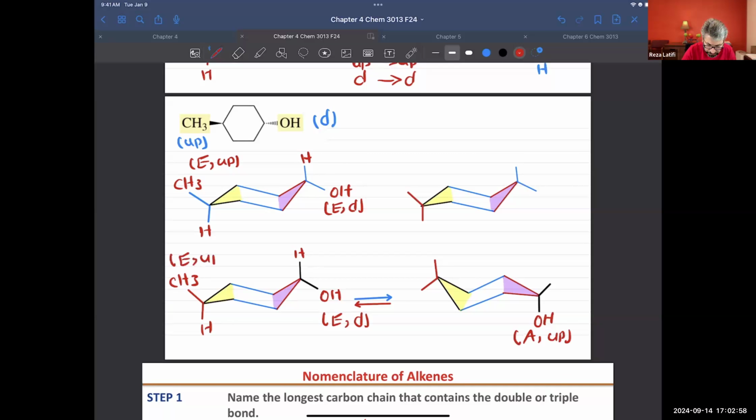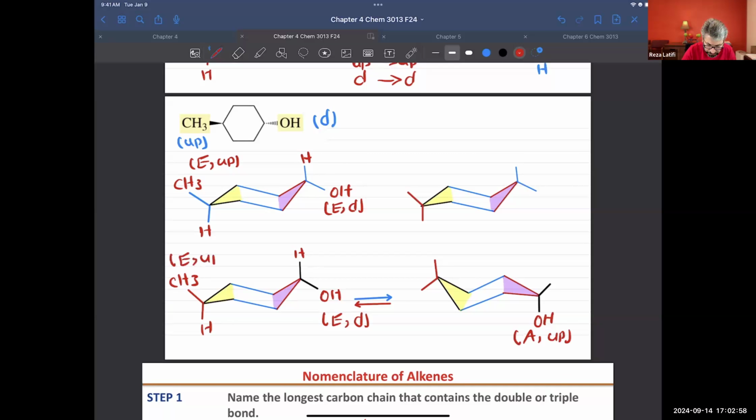Now I want to know how to name alkenes, forgive me, how to name them. Again, as usual, we're going to pick the main parent or the main chain. The main chain is the chain that has a double bond in it, and it has the maximum number of carbons there. So this is going to be the parent chain.